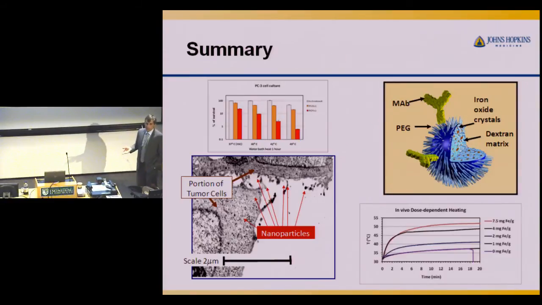I think that it is possible with the right type of engineering on the particles and the right type of engineering on the device to achieve some sort of reasonable amount of targeted delivery of these types of constructs that will permit deposition of cytotoxic heat that could then be used as part of a therapeutic regimen.